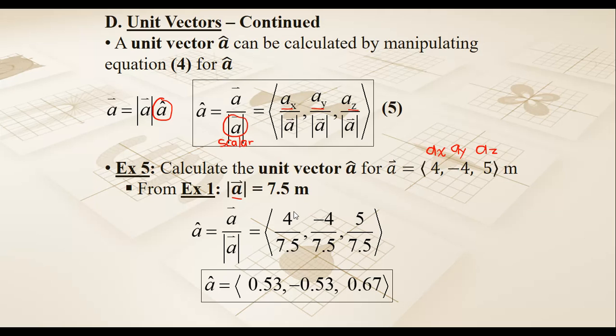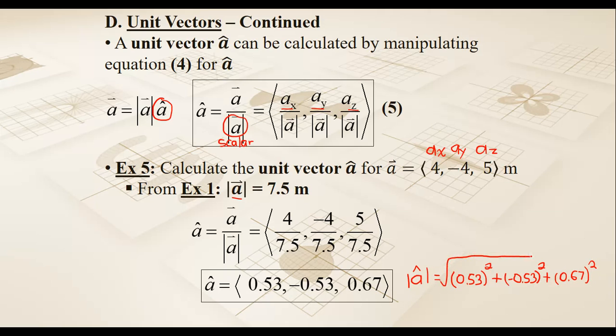Okay, now I'll show you what this looks like visually in a second, but I just wanted to point out once again that a unit vector must have a magnitude of 1. So if you want to calculate the magnitude of this unit vector, this would be equal to 0.53 squared plus negative 0.53 squared plus 0.67 squared.